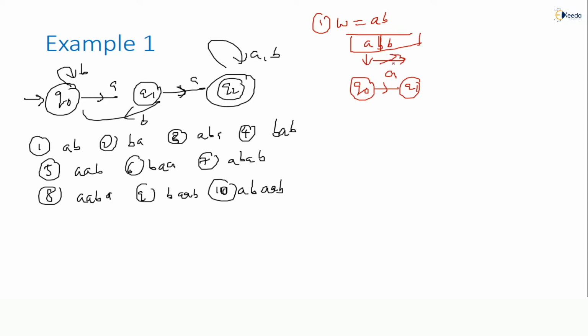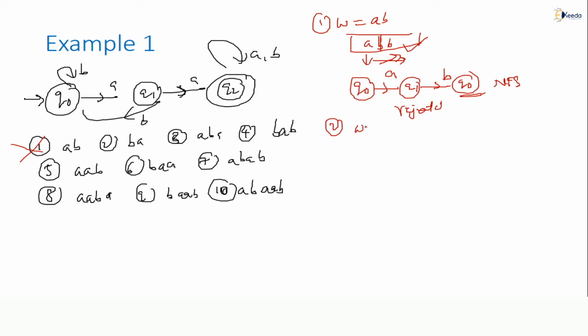Next symbol, Q1 on B, it is going to Q naught. The string is processed over. Where did we reach at the end of the string? Q naught. Q naught is a non-final state, so it is rejected.